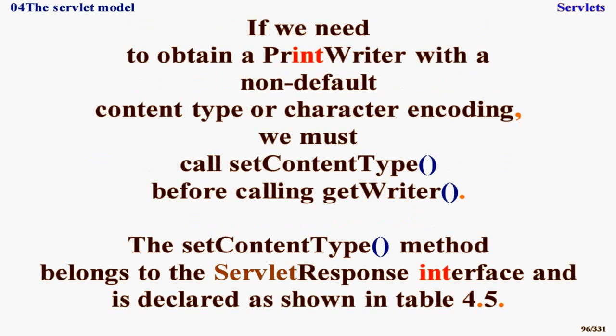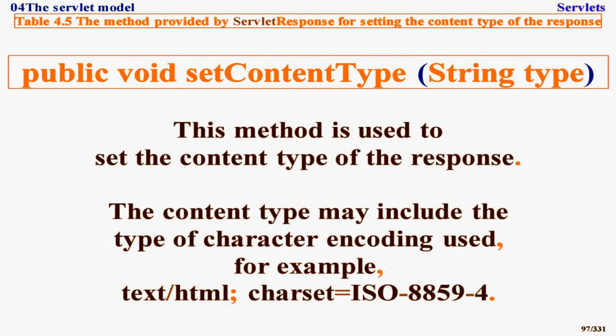The setContentType method belongs to the ServletResponse interface and is declared as shown in Table 4.5. The method provided by ServletResponse for setting the content type of the response: public void setContentType(String type). This method is used to set the content type of the response. The content type may include the type of character encoding used, for example, text.